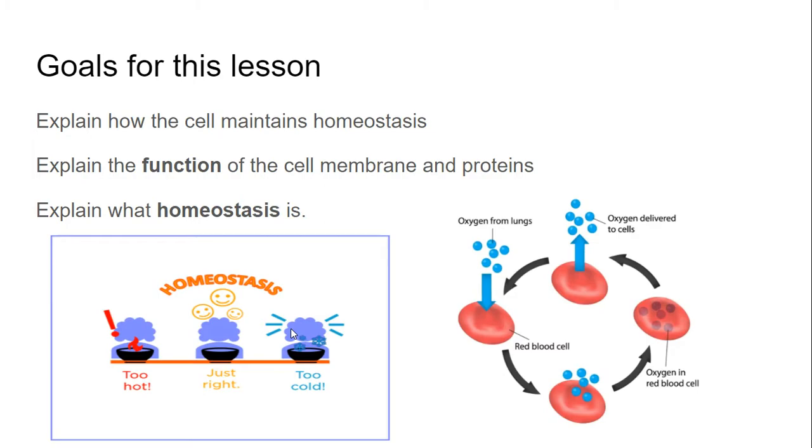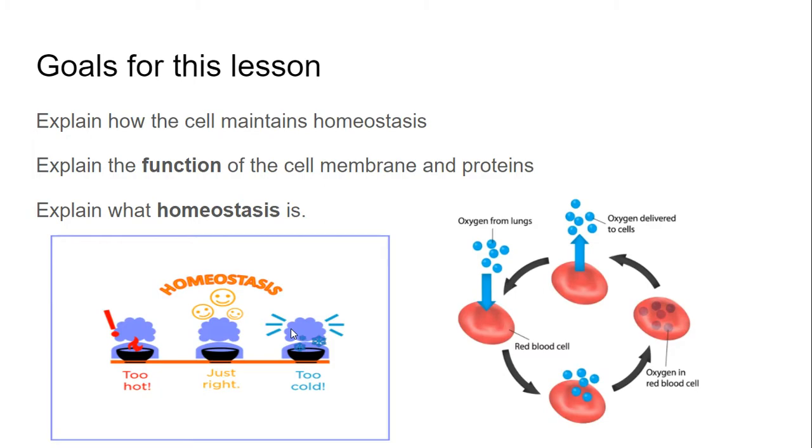On the right, there is an image of oxygen leaving the lungs, oxygen entering blood cells, red blood cells, and also leaving the red blood cells, because the body has to maintain proper levels of oxygen in other cells.